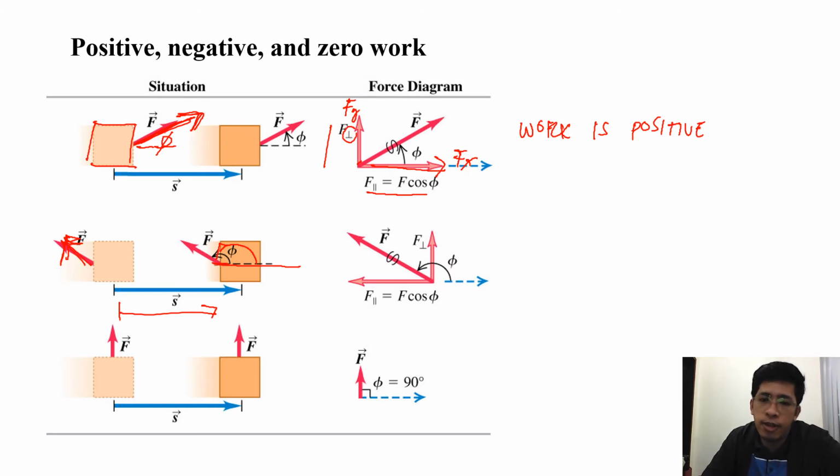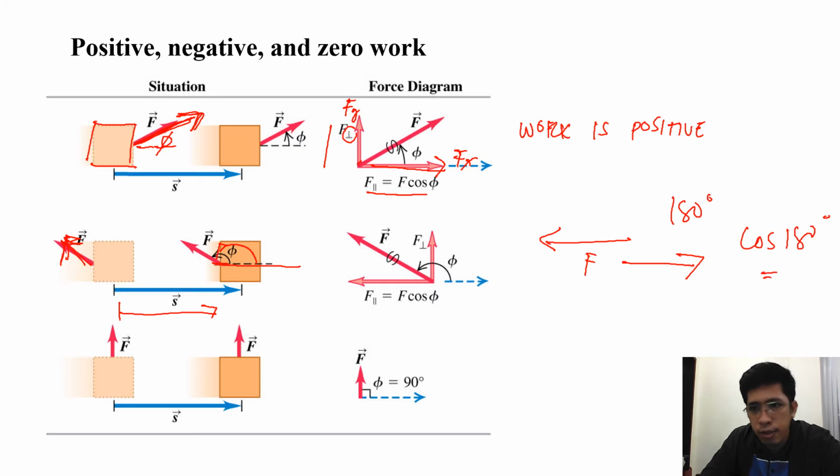So it's not only less than 180 but less than or equal to 180 degrees. Let's say for example you have a force that you apply here and then your displacement is over there. So you have 180 degrees, and cosine 180 degrees is equal to -1. So you have a negative work.